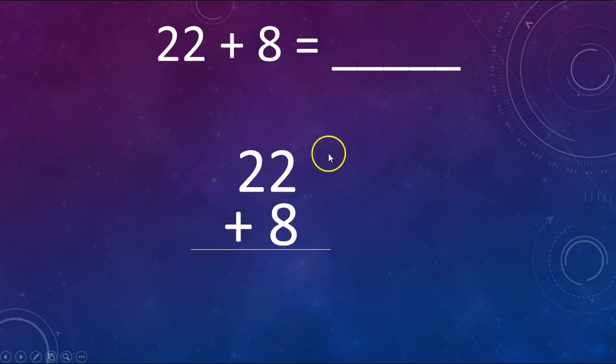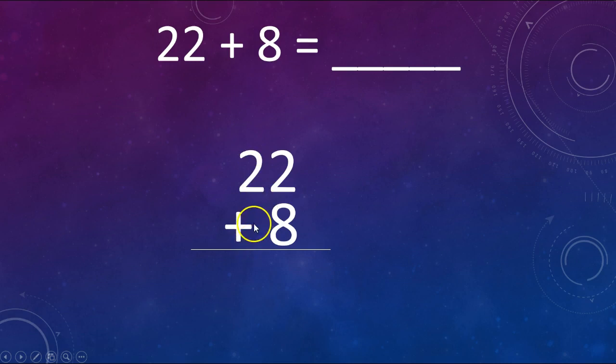Now, we've been kind of setting it up this way and I've been showing you how to do that in our previous lessons, but this time we're really going to practice this. So make sure that your ones are lined up and your tens are lined up.